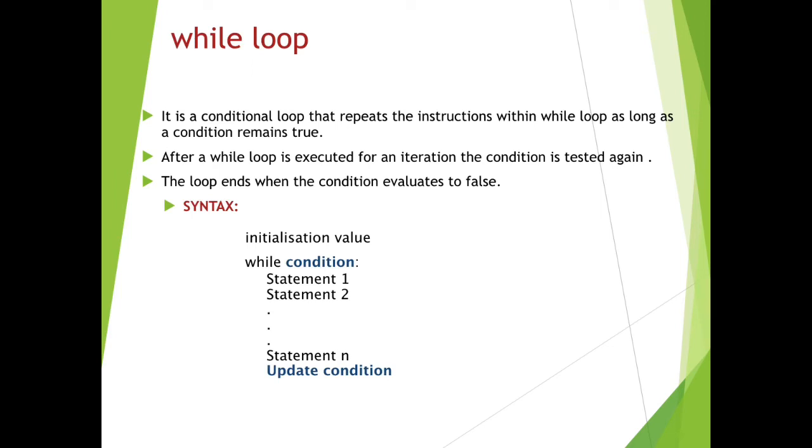After the condition becomes true, the statements within the while loop will be executed, and at the end of execution the value will be updated, and after updating it will be checked whether the condition is true again or not. Don't worry if it is not very clear now, we'll check it with the help of some practical examples.